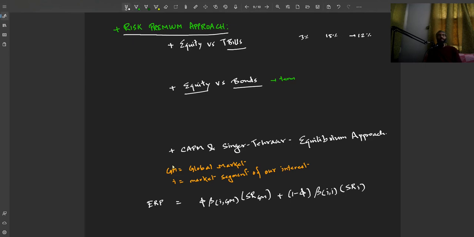Now you add the term premium to the T-bill rate and subtract it from the required return in equity. So, this is equal to equity required returns minus T-bill rate minus term premium.